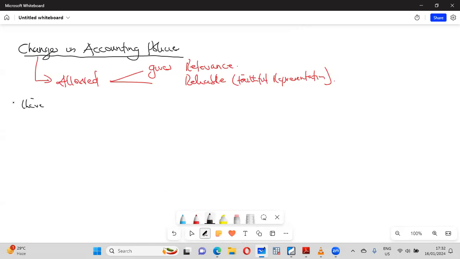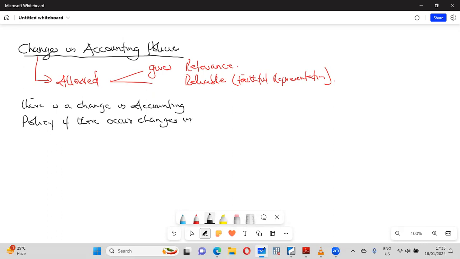There is a change in accounting policy if there are changes in three key things.